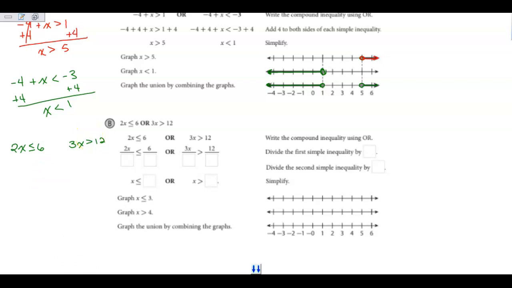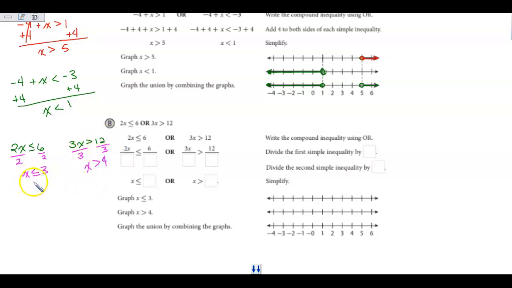In both cases, these are multiplications, so I'm going to divide both sides by 2. It moved to positive, so this does not change. 6 divided by 2 is 3. And then over here we are dividing by 3. X is by itself. Moved to positive, so the symbol does not change. 12 divided by 3 is 4.